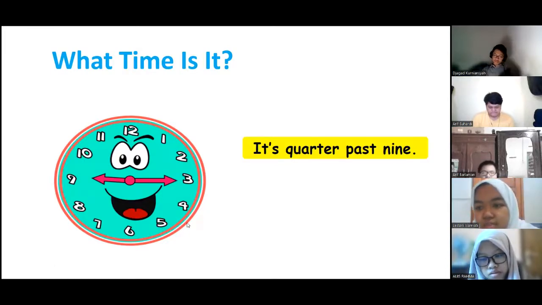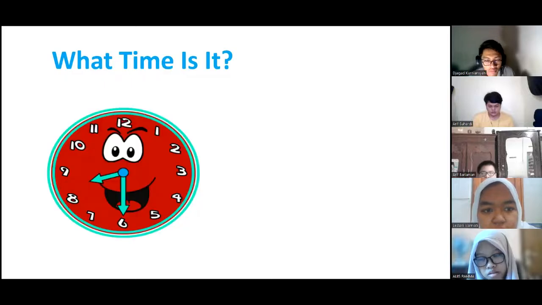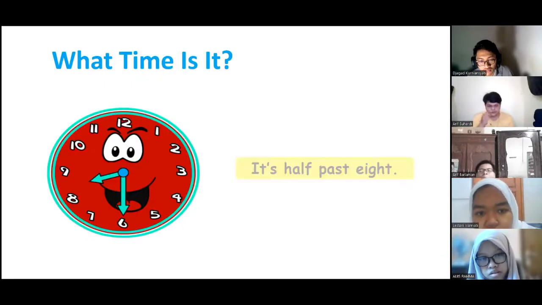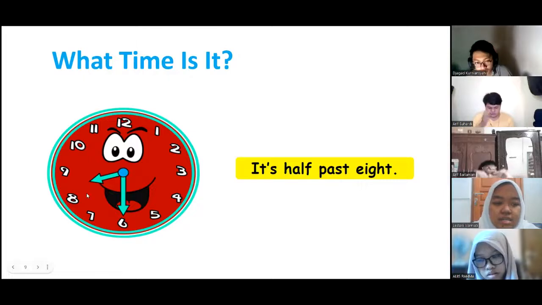Okay, and for the other, this is 8:30. You can say the half first and then half past the number, this number, not this number.